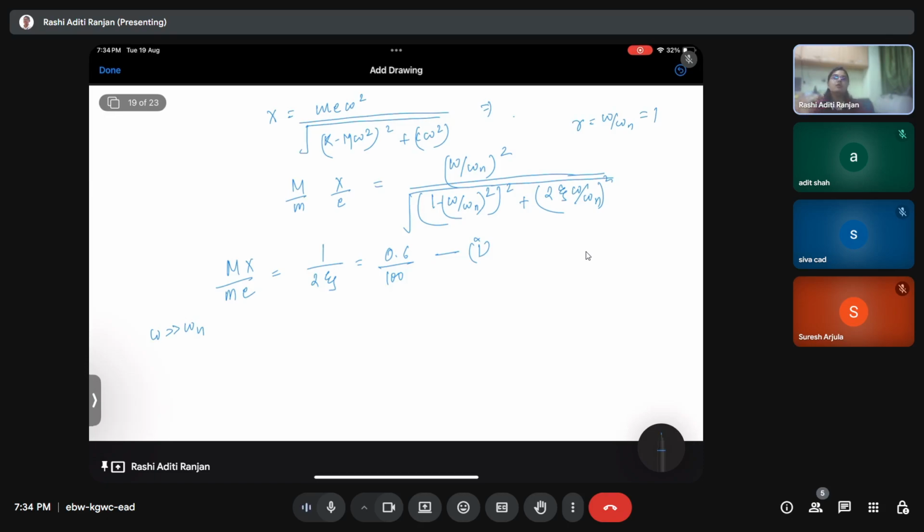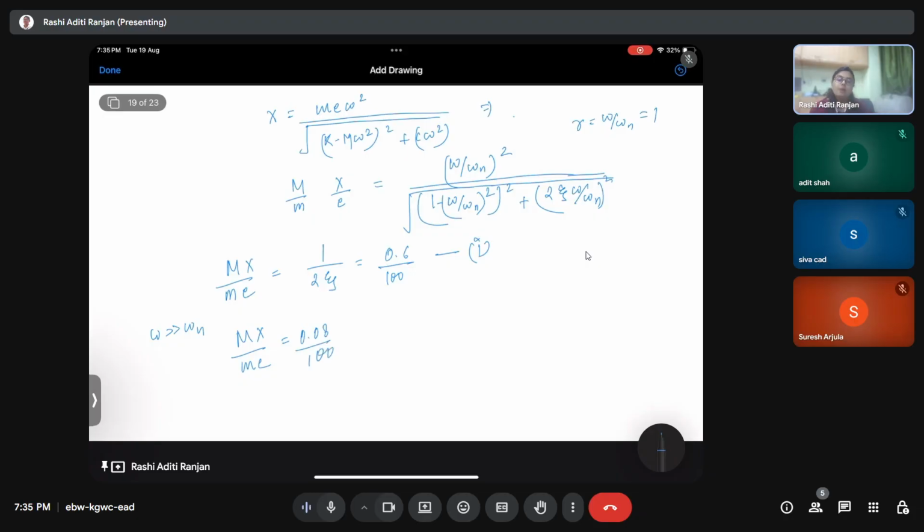So in the denominator, we are going to get effectively omega by omega n square, and both will get cancelled from the denominator and numerator. So at the end, we are going to get M x by m E equal to 0.08 divided by 100.